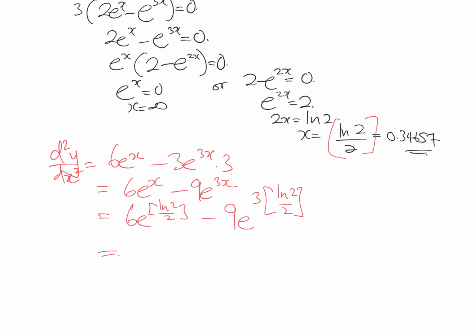So let's use the calculator to find this. 6 times e to the power of... Okay, and the answer that I'm getting is negative 16.97.